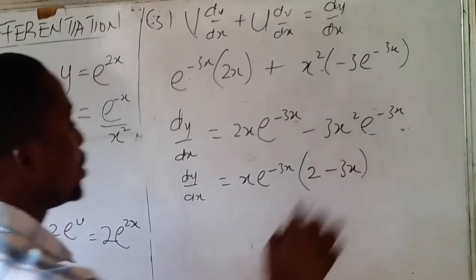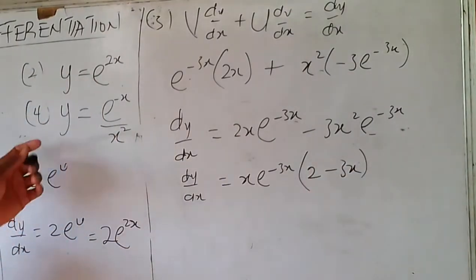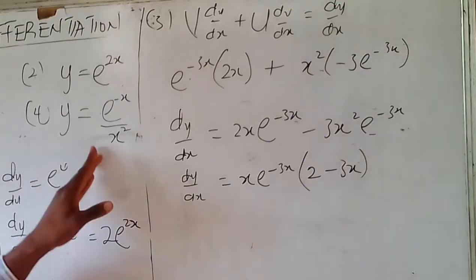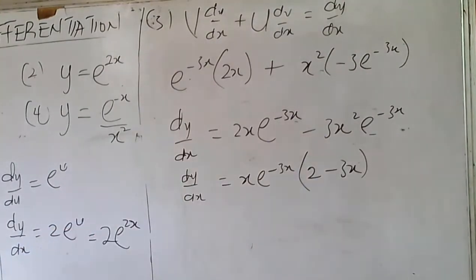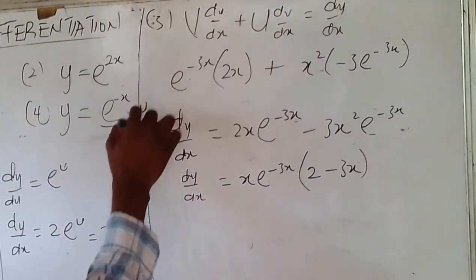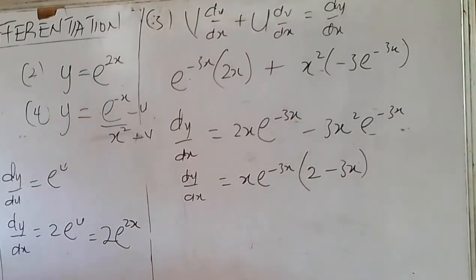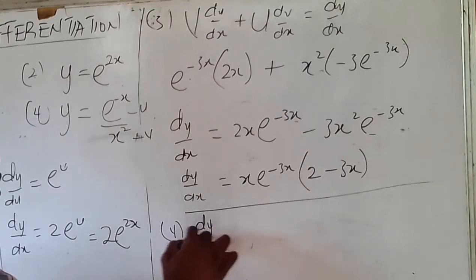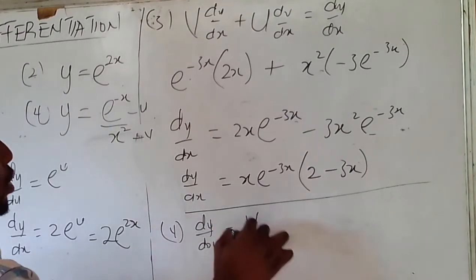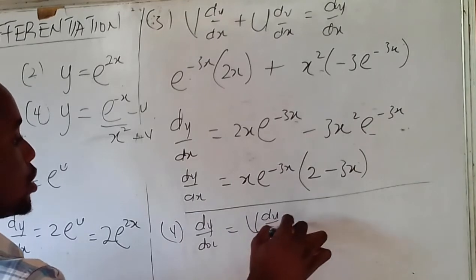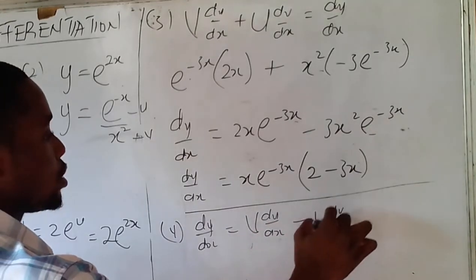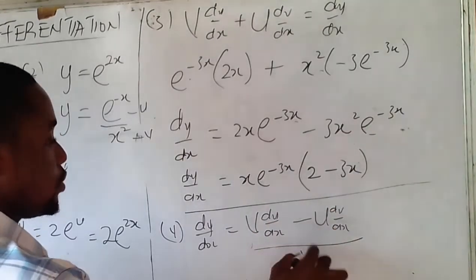Then it means minus 3x. Now for example 4. Example 4 is the quotient rule. In which case, this is my u, and this is my v. So for that question, the formula for quotient rule is dy/dx equals v du/dx minus u dv/dx over v squared.